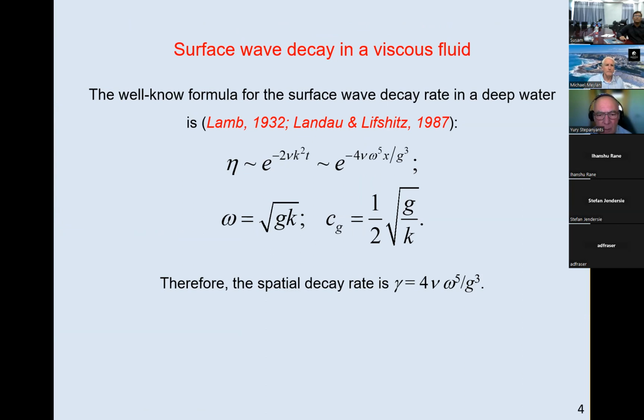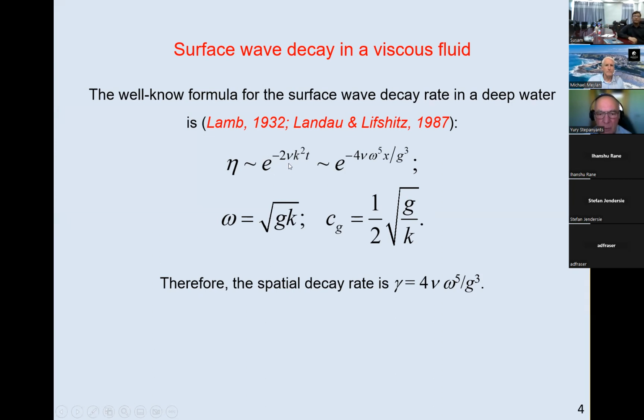As well known, when we consider water waves in viscous water, the decay rate can be evaluated analytically and is presented in particular in these classical books. So the wave amplitude decays exponentially with time, with the characteristic decay rate, which is proportional to the squared wave number, k squared.